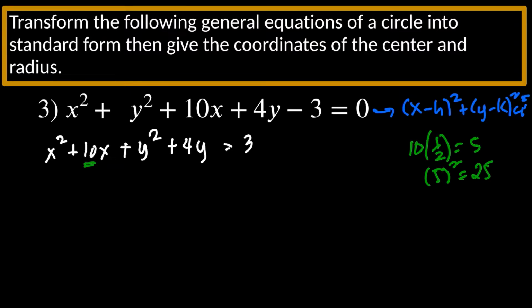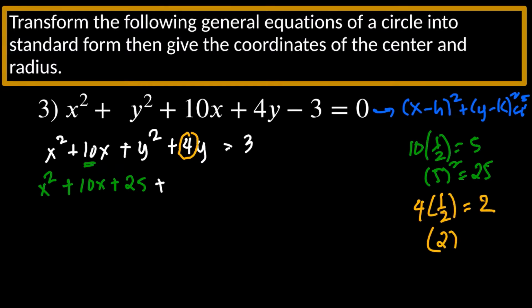So we can write this as x² + 10x + 25, plus, let's consider this one: 4 times 1/2 equals 2, and we square 2, that will give us 4. And so we can write this as y² + 4y + 4, equals 3 plus 25, plus 4.